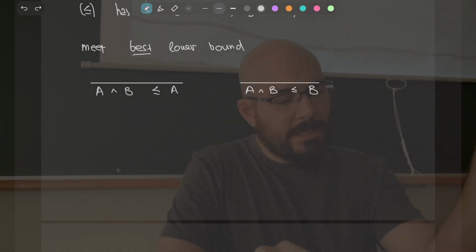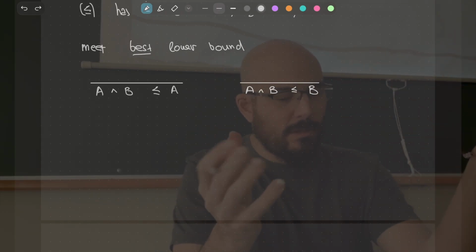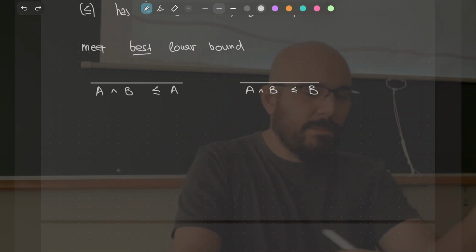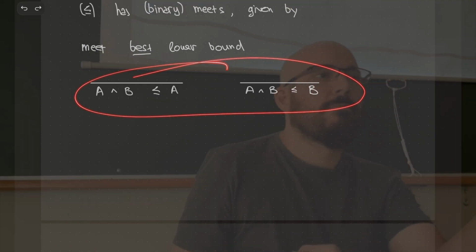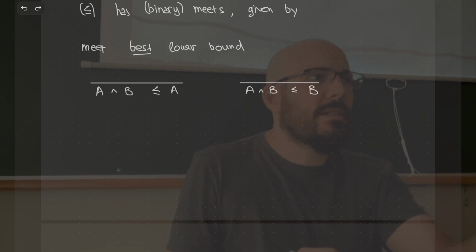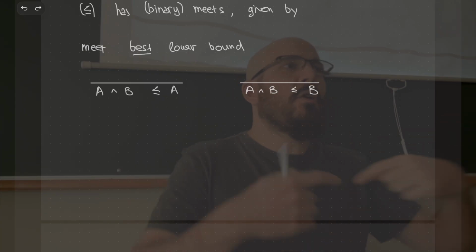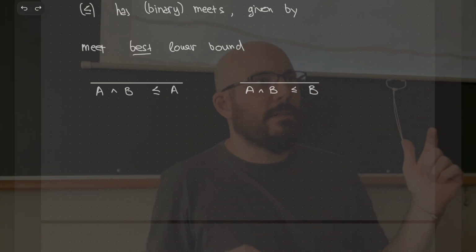All the definitions we will see here will have the same format. First of all, they satisfy some things. Second of all, it's the best among all those things that satisfy these things. And we do that saying, consider as a candidate that also satisfies these things. My guy is better than your candidate.